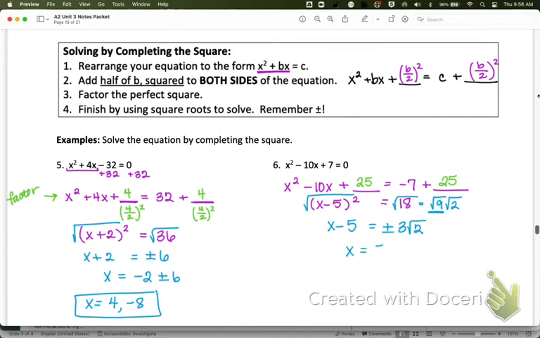So x is equal to positive 5 since we added it, plus or minus 3 root 2. Now 5 and 3 root 2 are not like terms, so there's nothing else we can combine here. So on this one, we are done. And that is how we solve by completing the square.